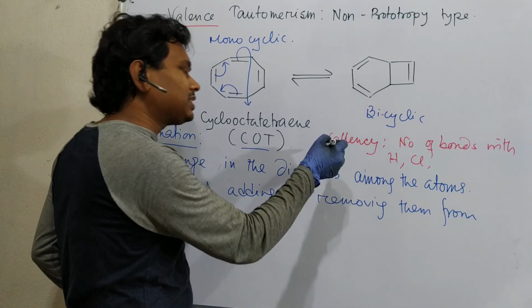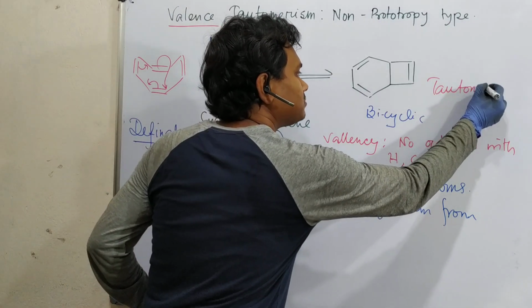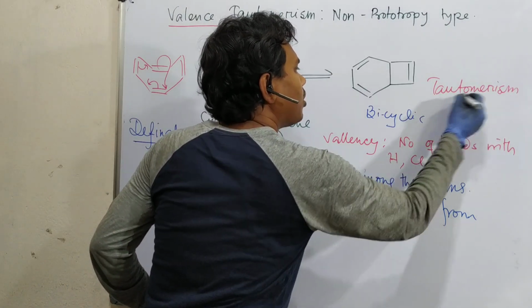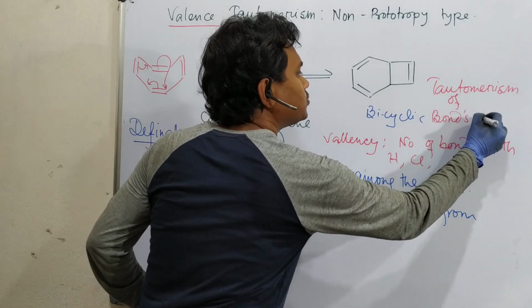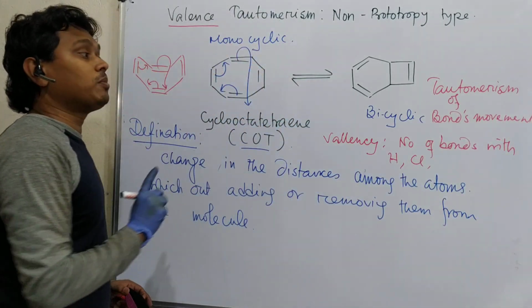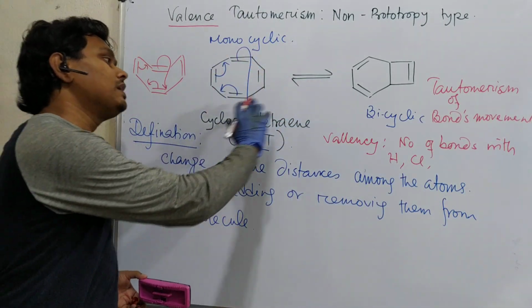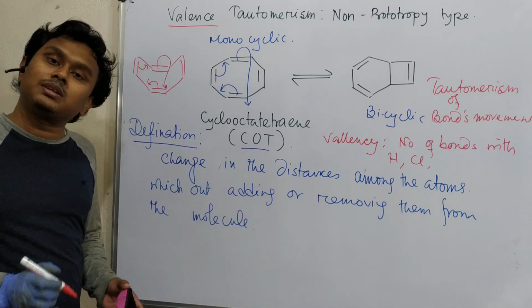So you may think of the story like that. It's a tautomerism of bond movement. This tautomerism results because of bond movement. I believe this will help you to understand the story a little more easily.